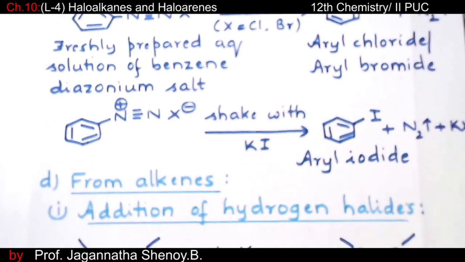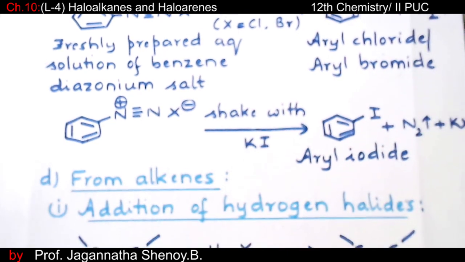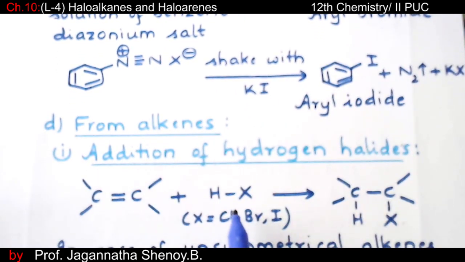Next, the next one is starting from alkenes. And all of you are familiar with whatever reactions I'm going to explain now, because in grade 11 you have already studied about this reaction. First one is addition of hydrogen halides to alkenes.